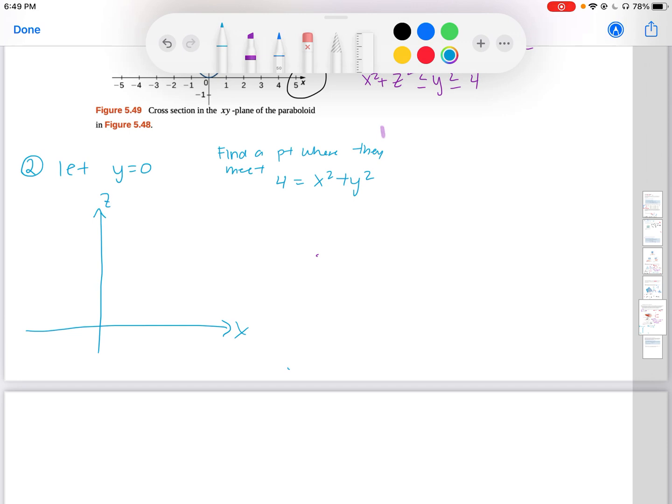And when you see this, you should be thinking circle, right? Because we have x squared plus z squared equals 4. So that lets us know that we have a circle of radius 2. But you know, when you have circles, your brain should be thinking polar coordinates.